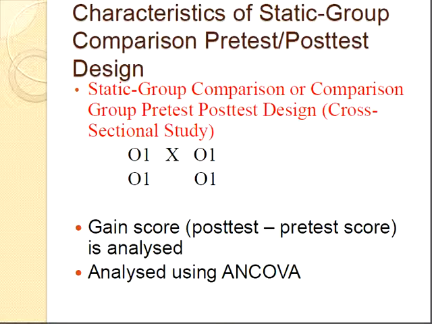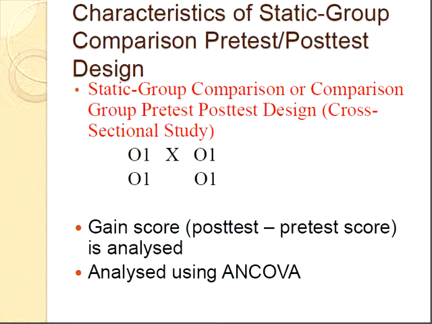The second type of static group comparison is described as comparison group pre-test, post-test design, otherwise known as cross-sectional study design. Here you have the pre-test and then you have the post-test.